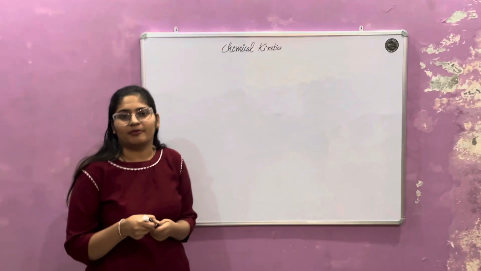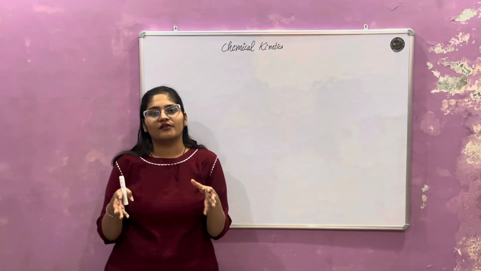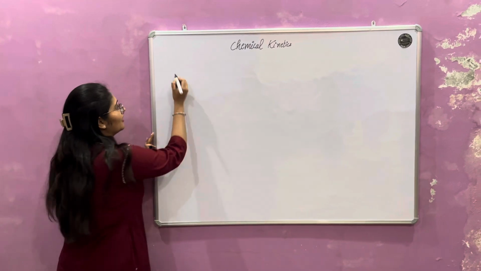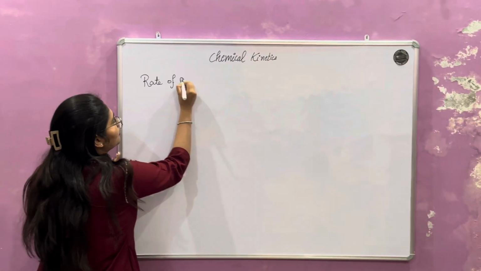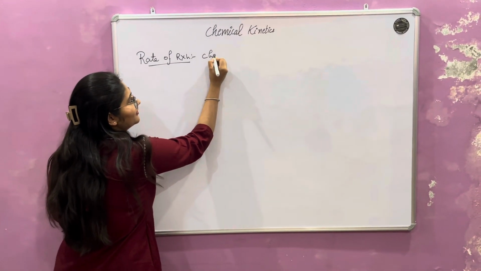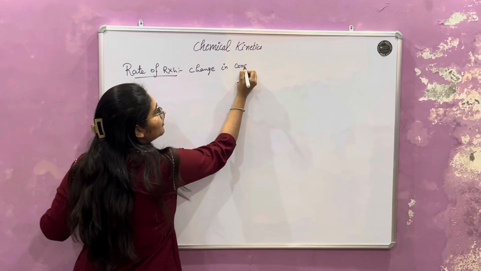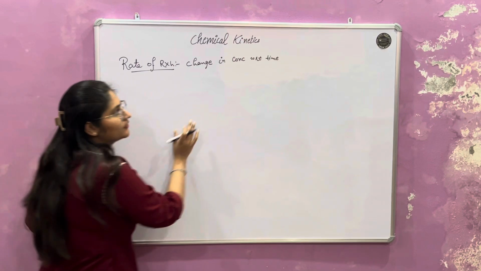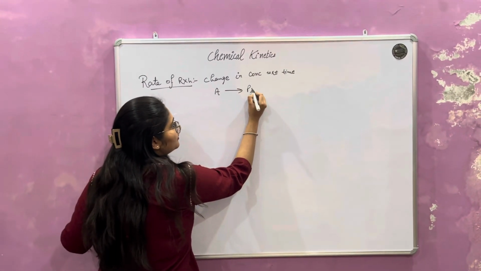Now, the first topic is rate of reaction. What is the rate of reaction? Rate of reaction is simply change in concentration with respect to time. Suppose there is a reaction in which A gives product.